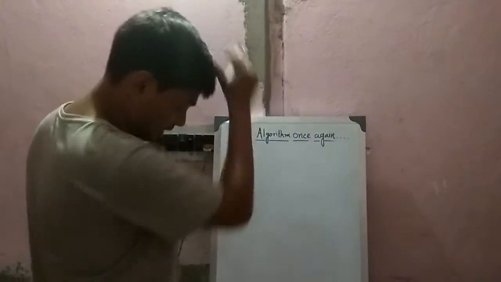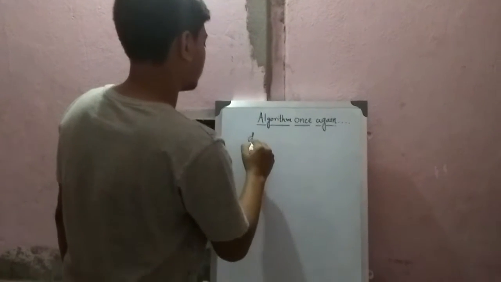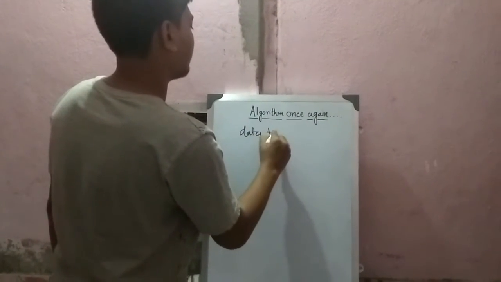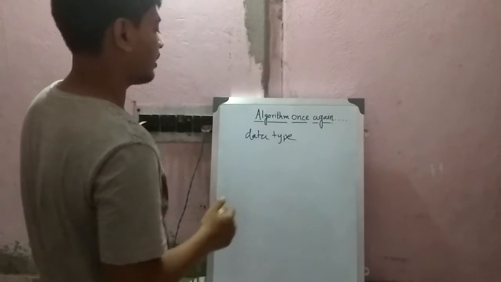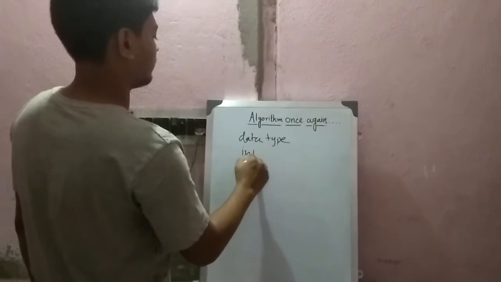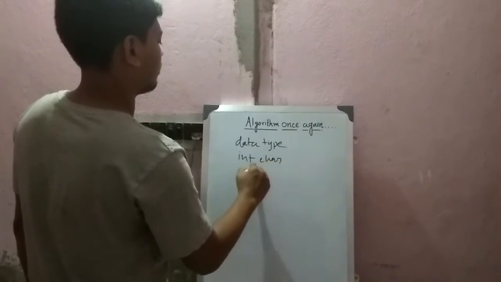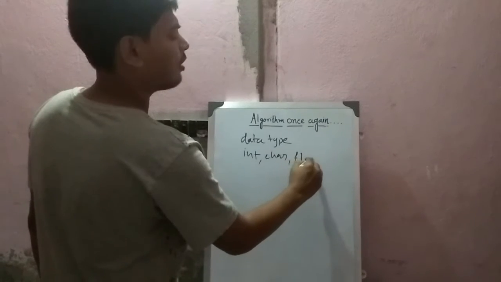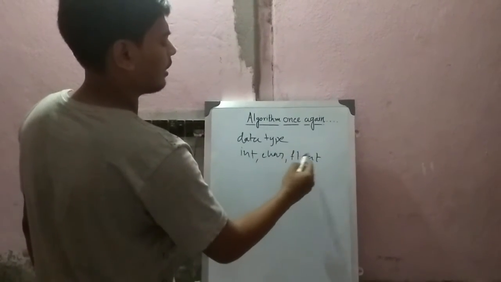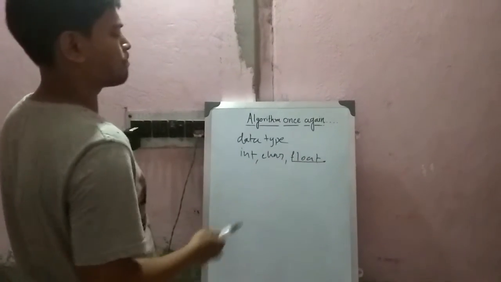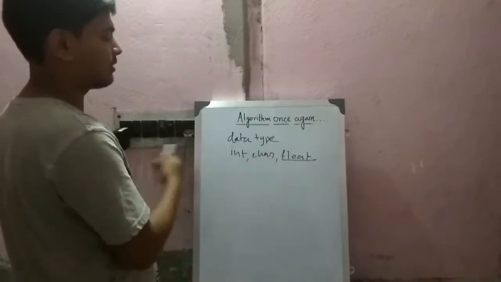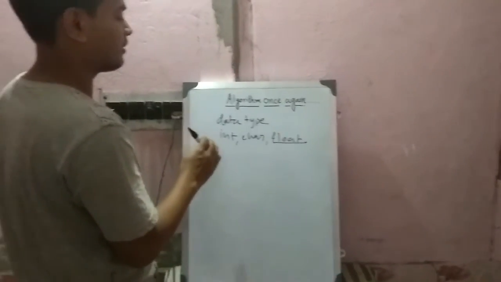Okay, so in C, let's talk about data types. Name a few data types: int, char, float. I will not discuss it elaborately, like what is the range. I will not discuss that kind of thing.